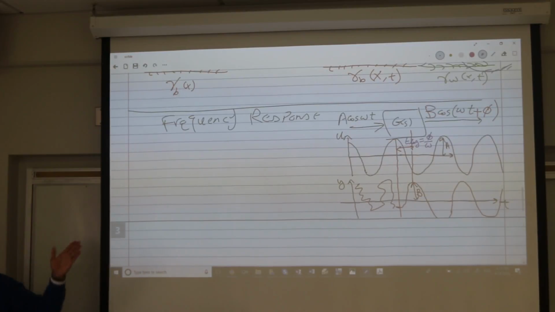In other words, the transfer function G will dictate this B and phi, and this is of course true. And it turns out that this B over A is actually the magnitude of your transfer function, and the phase is the angle of the transfer function.